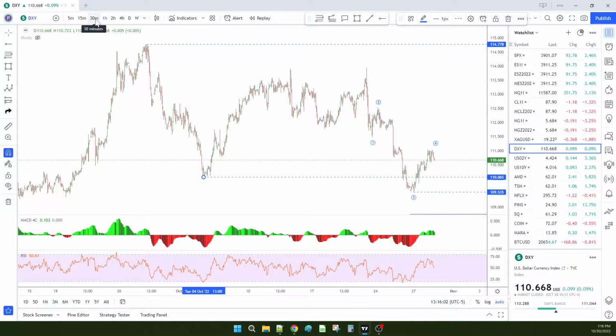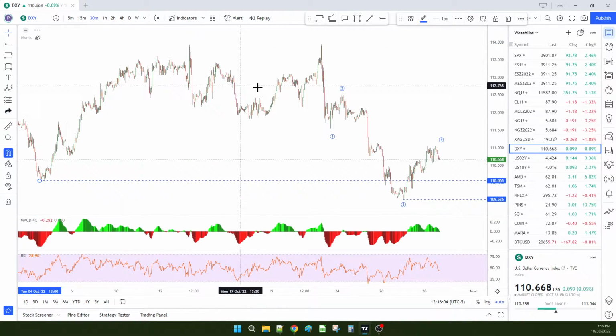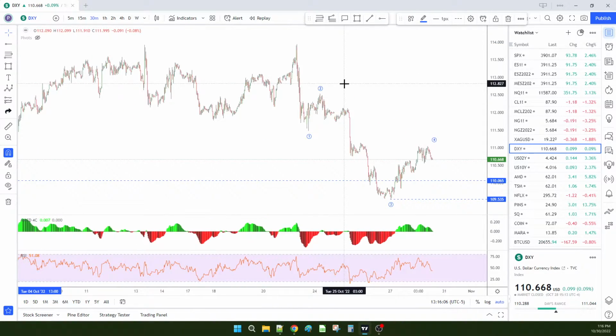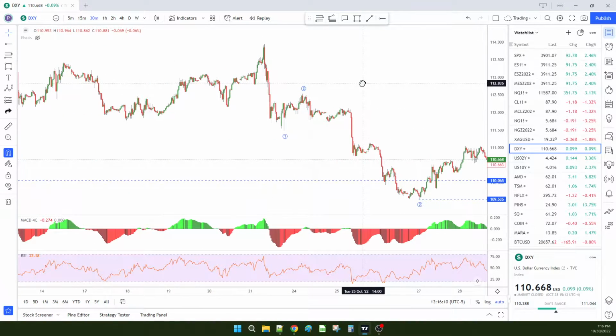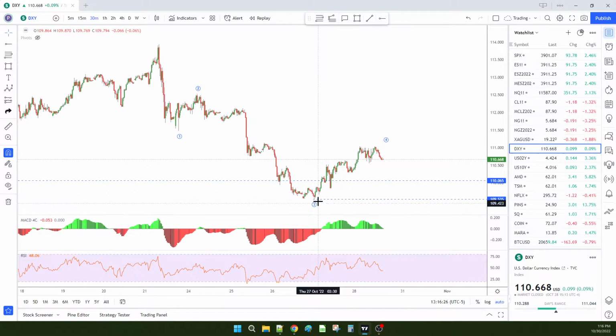But if I zoom in even just a little bit more for this final wave down, I'm seeing a bunch of 3 waves. So we've got like a little running flat here for 1, 2, 3, and we got a 1, 2, 3 up. So we got our 1, we got our 2. I see this whole move down here is another 3 waves, 1, 2, 3 for 3, and then we've clearly got like a 1 and a 2.